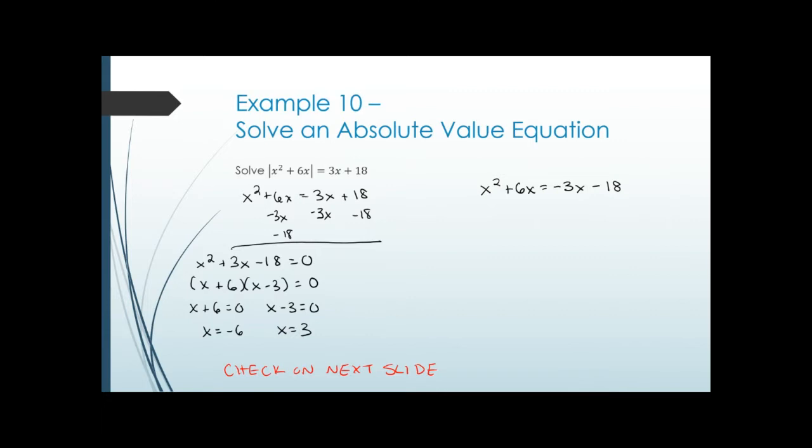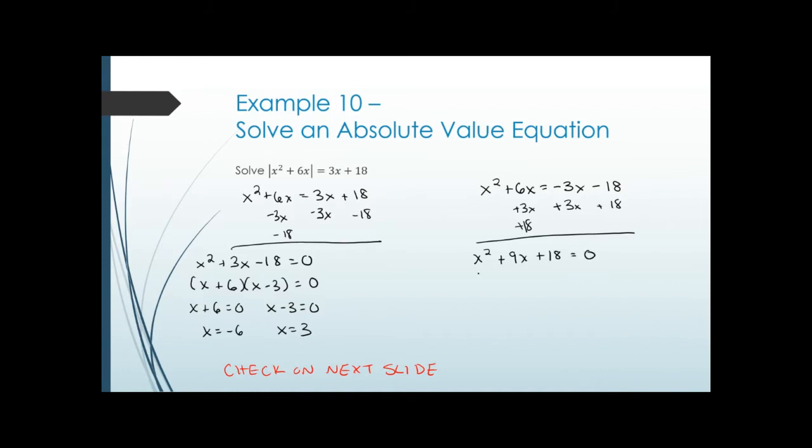We have x squared plus 6x equals 3x plus 18. So now I'm going to subtract 3x from both sides and subtract 18 from both sides because I want to have everything on one side, and I like positive x's. So I've got x squared plus 9x plus 18 equals 0.